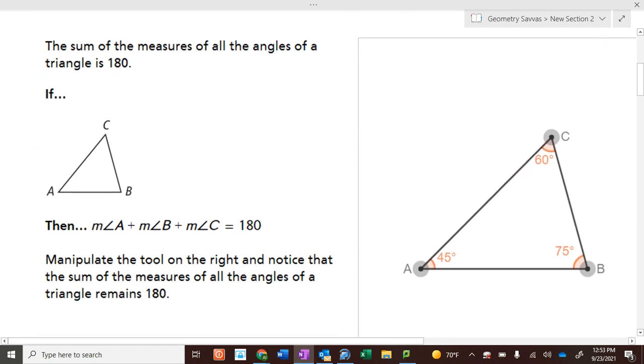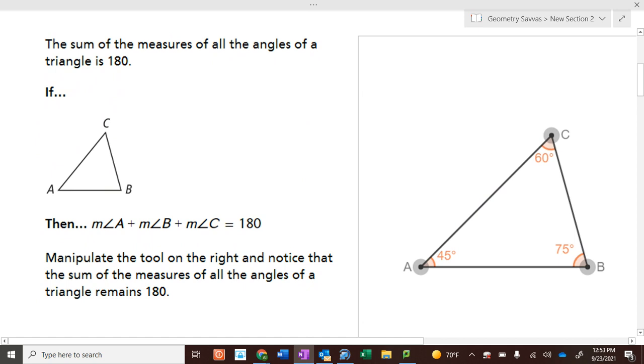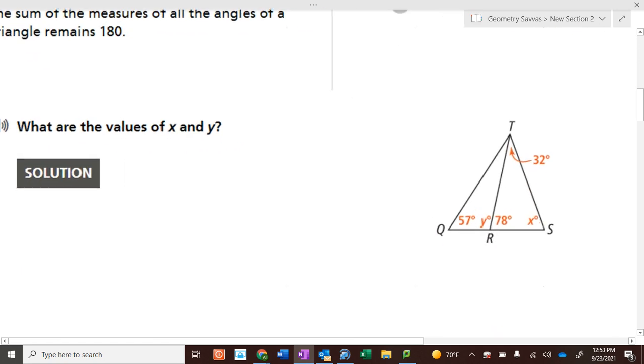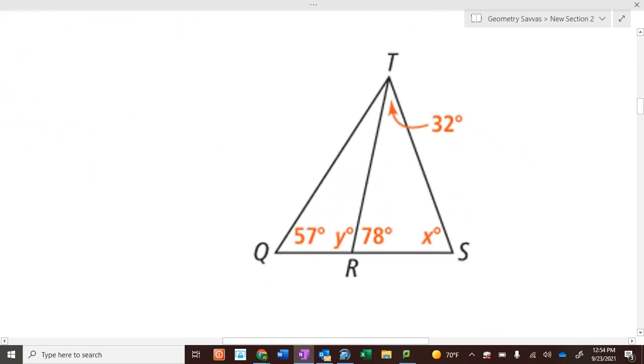Okay, so this is the angle sum. These three angles add up to 180. So let's look at that. Here we go. We've got a 32-degree angle, a 78-degree angle. What's 32 plus 78? Let's do Common Core. What's 30 plus 70? 100. What's 2 plus 8? 10. 100 plus 10 is 110.